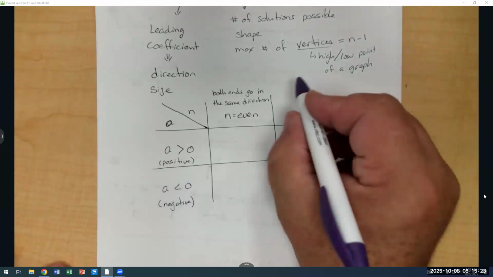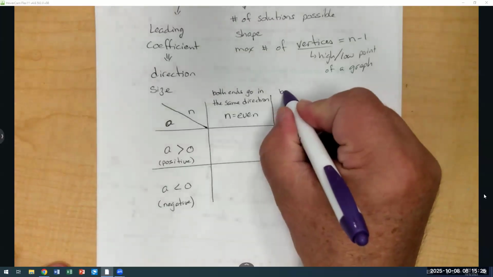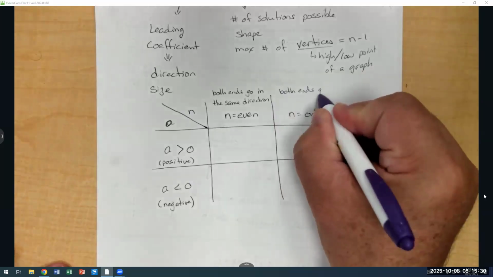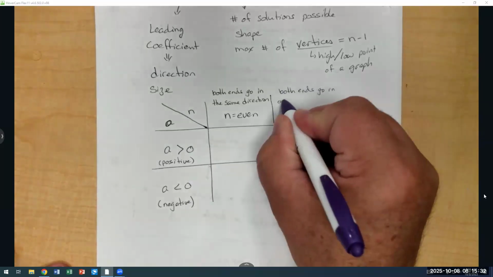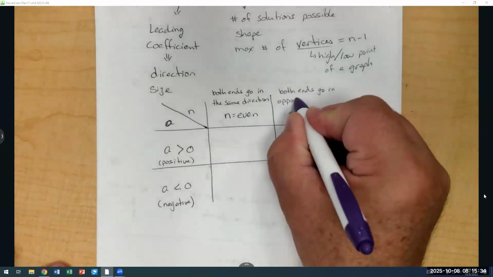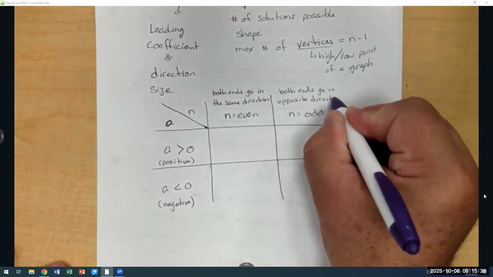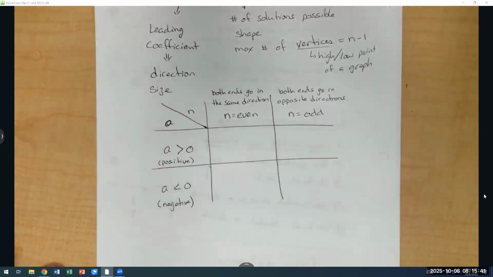If n is odd, both ends go in opposite directions. Again, knowing this much, you can have a picture of what the graph's going to look like before you ever start doing anything.